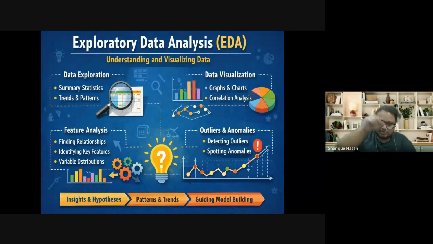Suppose a pie chart shows 60% is company X, 30% is company Y, and the rest 10% is other companies. Through the pie chart you understand this company is making more profit, and the graph shows which month the company is making more profit, which product is high in this particular month.